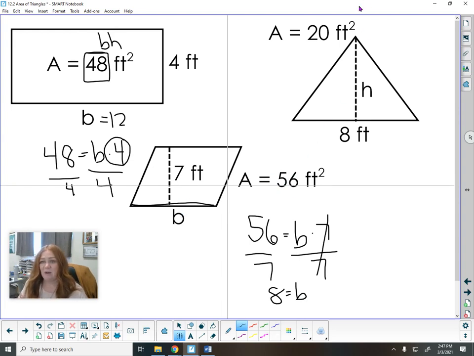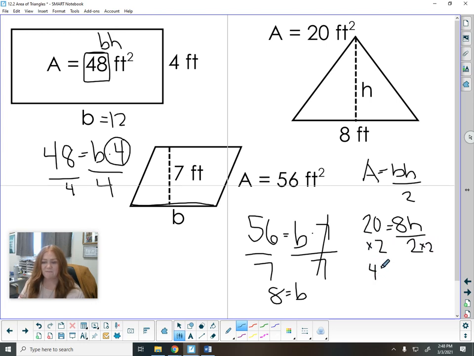So let's try this triangle over here. We know our formula is area equals base times height divided by 2. So let's plug in what we know. Area is 20. Base is 8. We don't know the height though, so 8h divided by 2. The opposite of divide by 2 is times by 2.